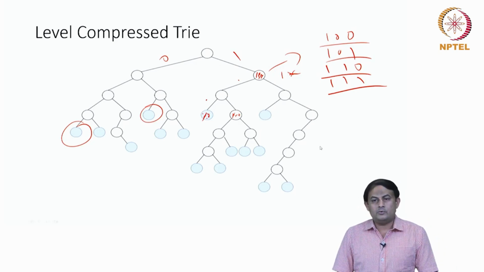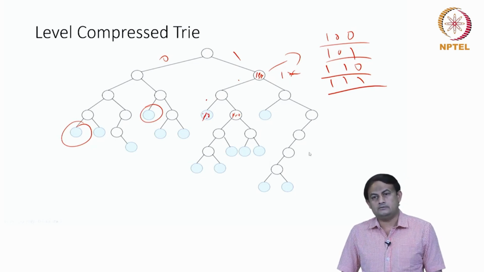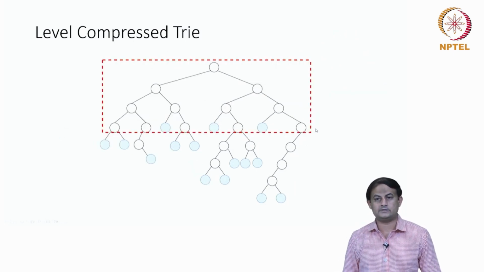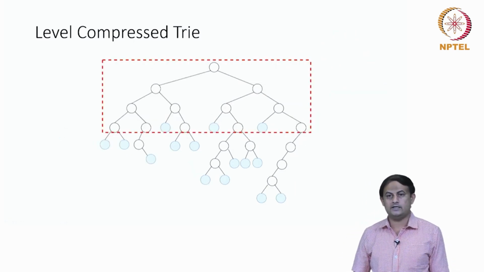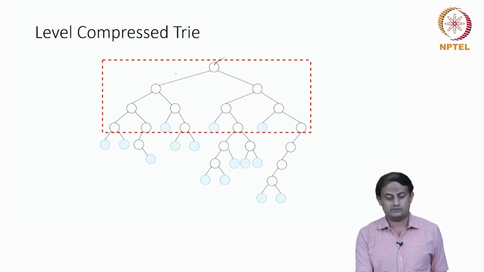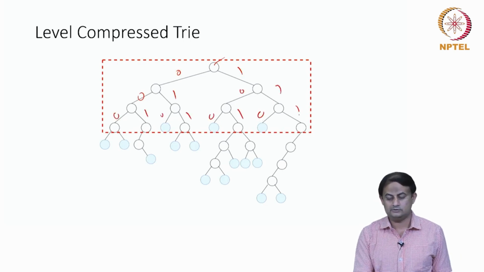So the way to go about it is to look for a complete subtree which is embedded in this particular trie structure. For example, if you look at this diagram, all these nodes starting from the root node, everybody has got two children. This is 0 1 0 1 0 1 0 1 0 1 0 1 0 1.